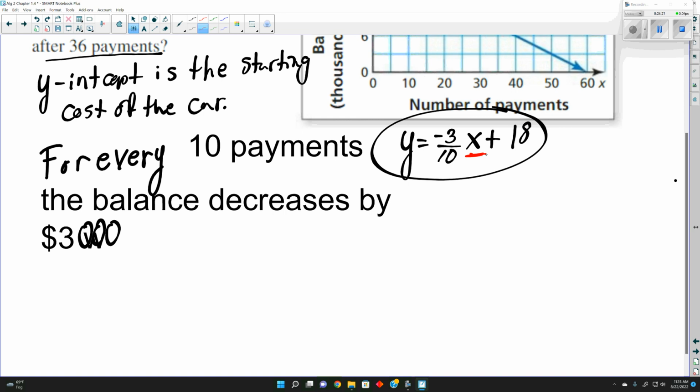On the last one, the number that they gave us to solve for or find its corresponding value was y. So for this one here, we'll have -3/10, and we're plugging 36 in for x. So this time they wanted us to find the value of y. How much is left? How much is the balance after 36 payments? Since payments is x, we're going to plug that number in for x.